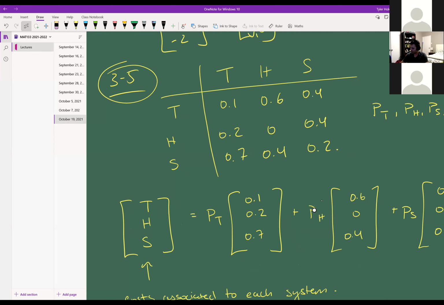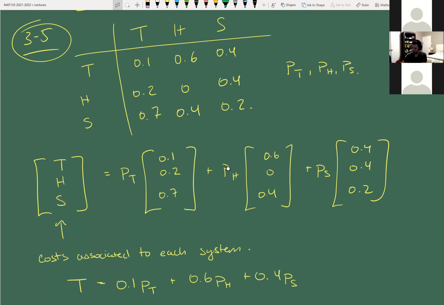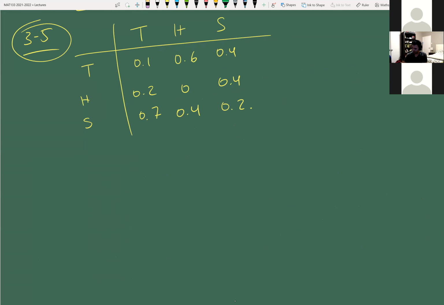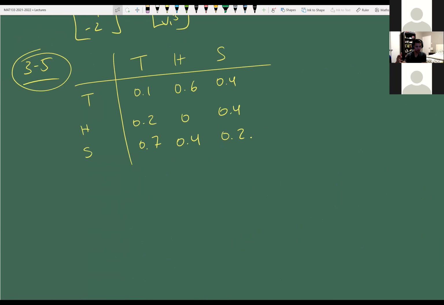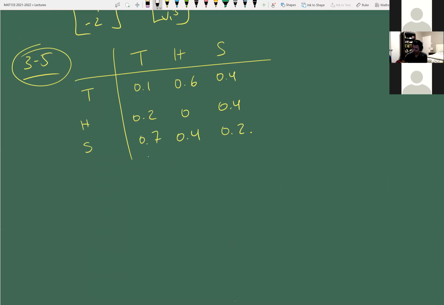Okay, so this is 3-5. Let me quickly reintroduce things. In 3-5, we have this table here. If you pull this up from the notes, it gives you this table. Each column tells you the total economic output of each industry, right? So this is the economic output of the telecommunications industry.